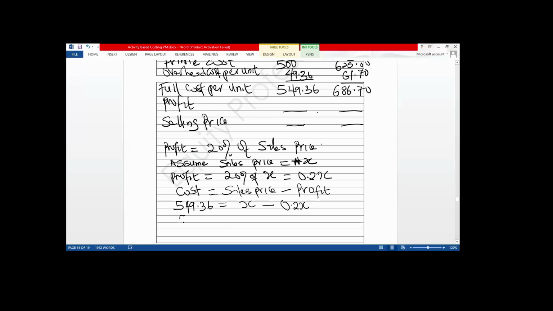That means 549.36 is X minus 0.2X, which gives me 0.8X. That means I can get X. My X is equal to 549.36 divided by 0.8.